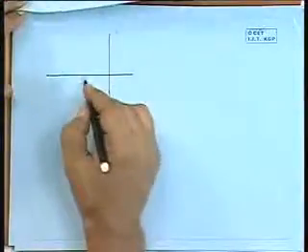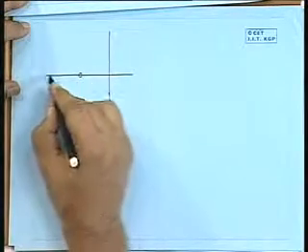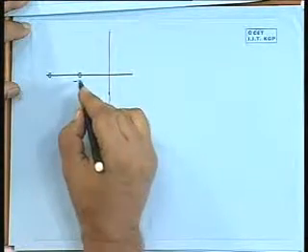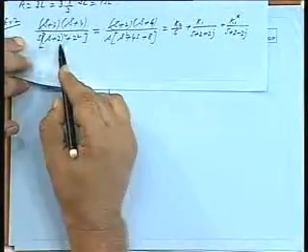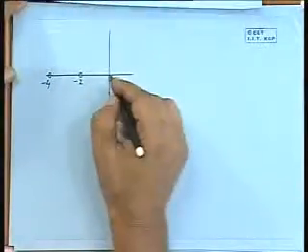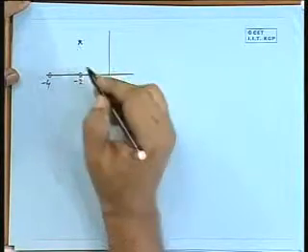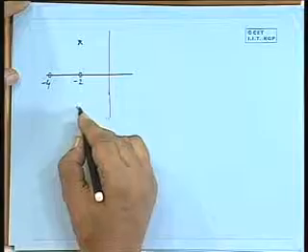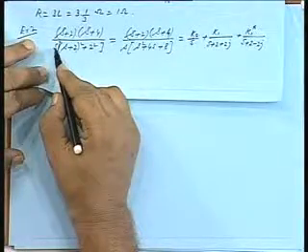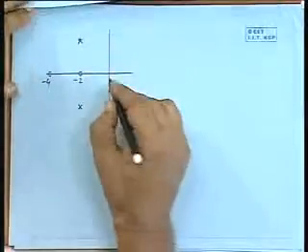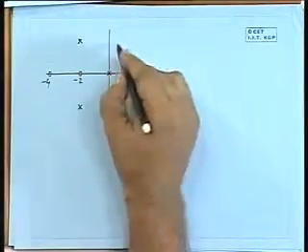So let us draw the pole zero distribution. Minus 2 and minus 4, these are the two zeros, okay, and then minus 2 plus 2j, minus 2 minus 2j, these are the two poles, and the third pole is at the origin, and this is the complex S-plane.